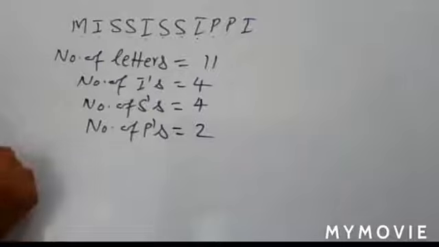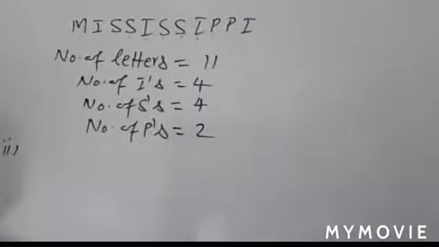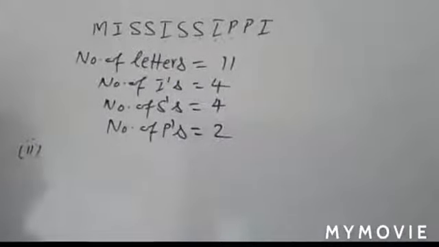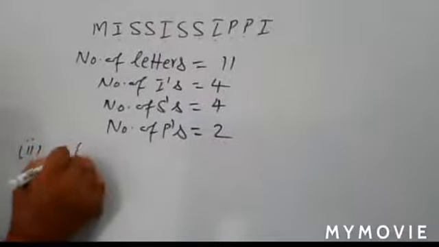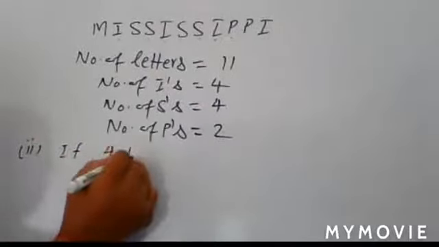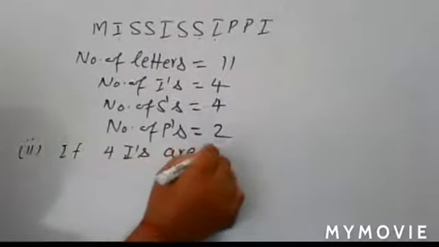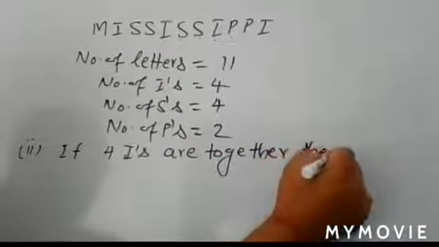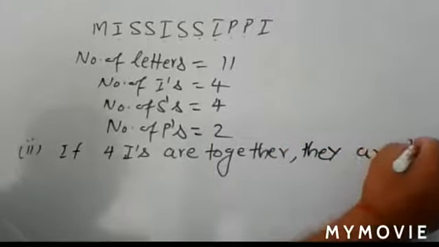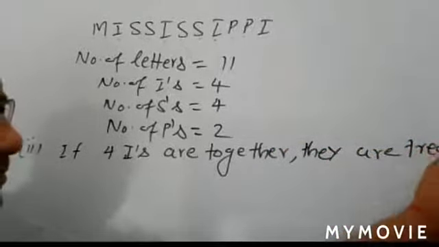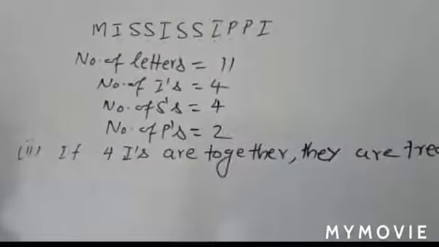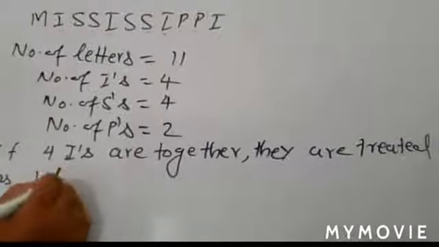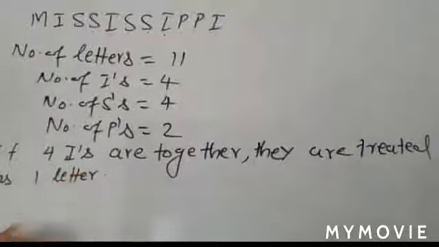Okay. So in the second part, first you find the total number of words in which all the I's are together. So you write, if four I's are together, they are treated as one letter.